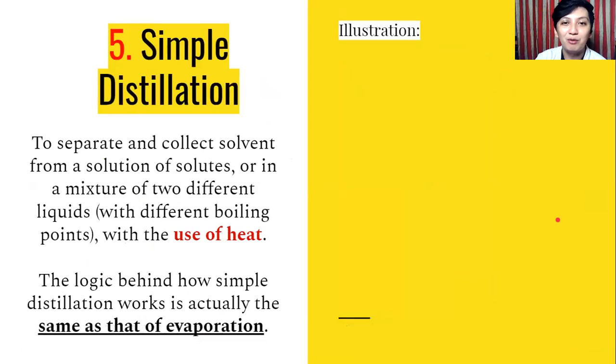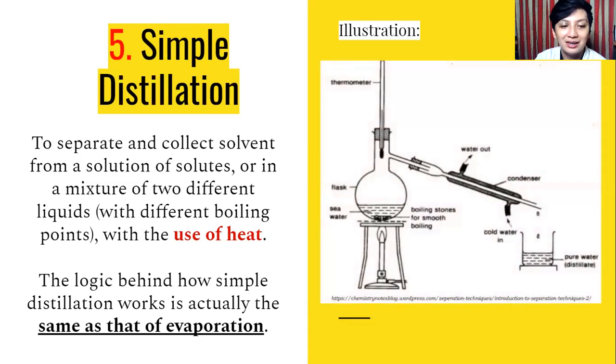And then number 5, we have simple distillation. So in our simple distillation, this is to separate and collect solvent from a solution of solutes or in a mixture of 2 different liquids with different boiling points with the use of heat. The logic behind how simple distillation works is actually the same as the evaporation. Okay?